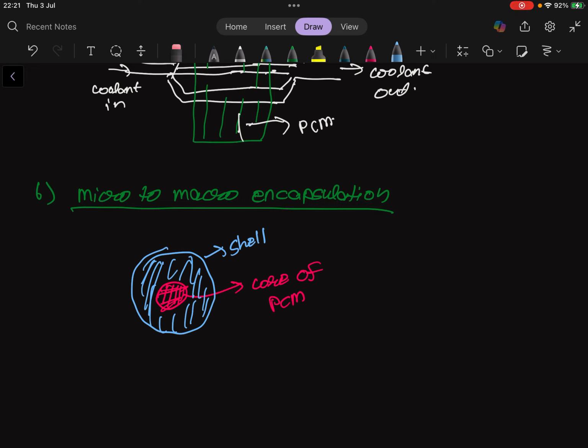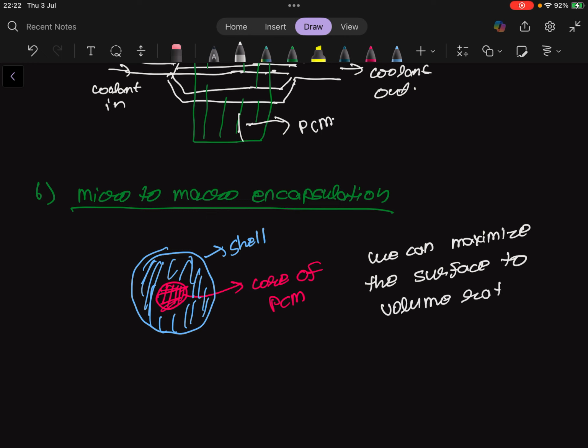We can maximize the surface to volume ratio. And so we can have different granules of our PCM material, and we can store them inside a tube where we have a flow of our steam.